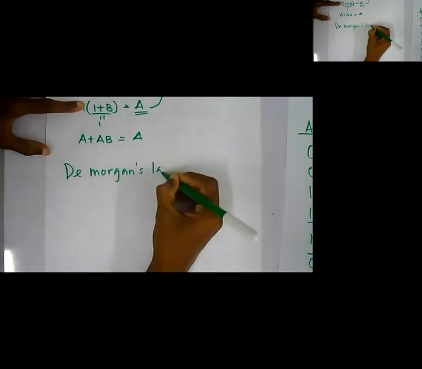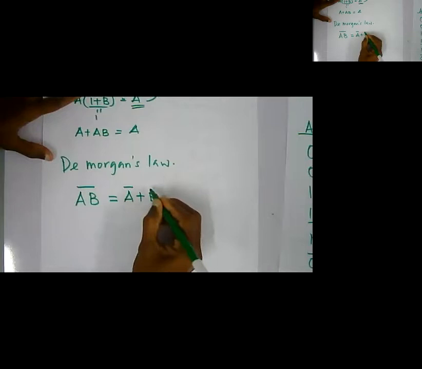Right, I have another law, which is an important law, De Morgan's law. What De Morgan's law says is A dot B whole bar can be written as A bar plus B bar.